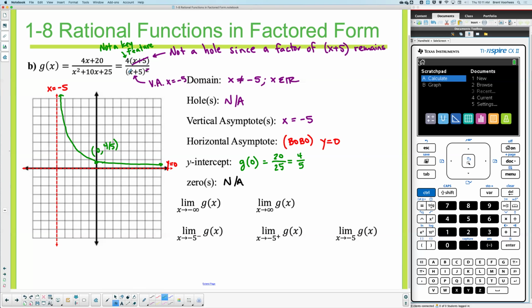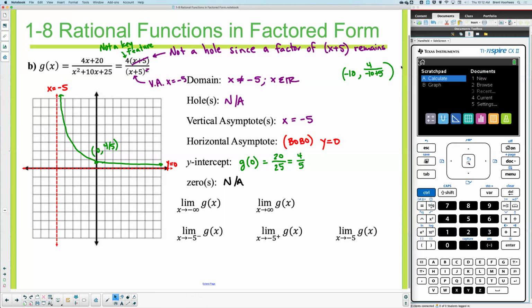If I plug in -10, it would be 4 divided by -10 plus 5. Are you tracking with what I'm doing? Is that going to be a positive number or a negative number? What's -10 plus 5?